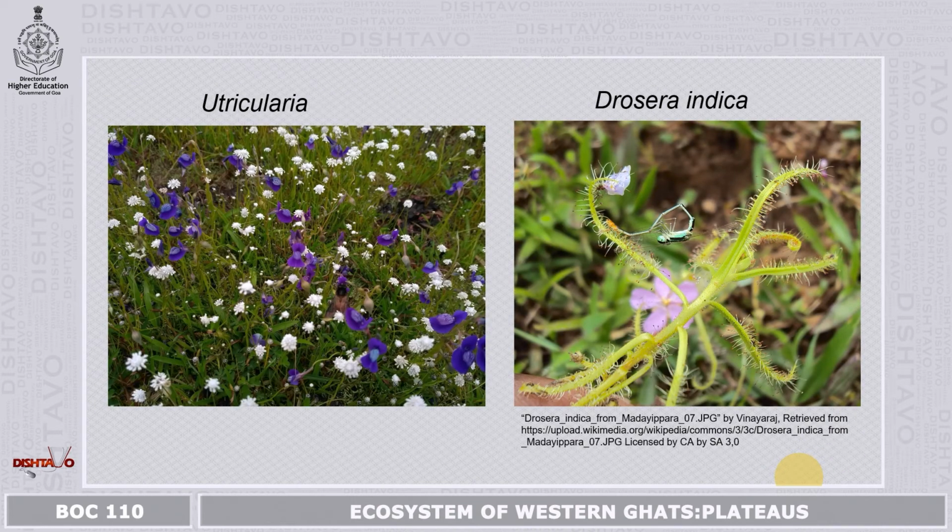See these images. So beautiful view you will find in the monsoon, especially during September and October. This is the common view in any lateritic plateau if you go. So most of them will have Eriocaulon and Utricularia. Then Drosera indica, this is the most common insectivorous plant which you will come across in our plateaus of Goa.